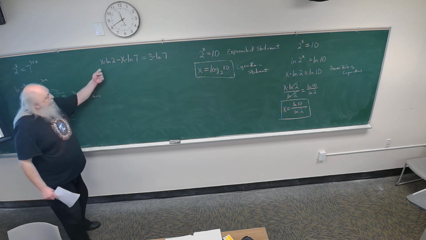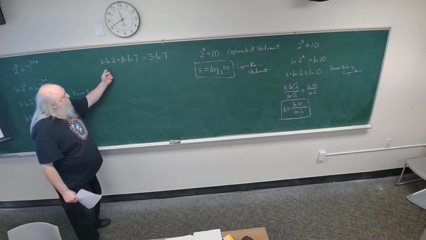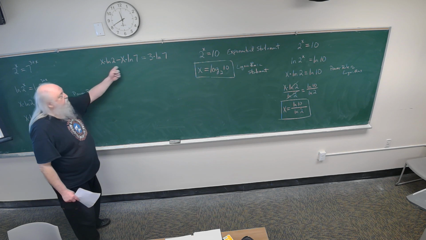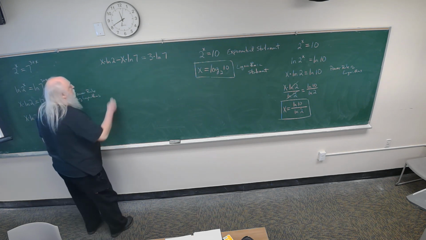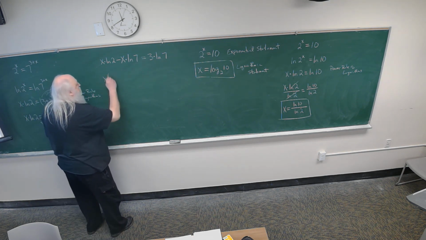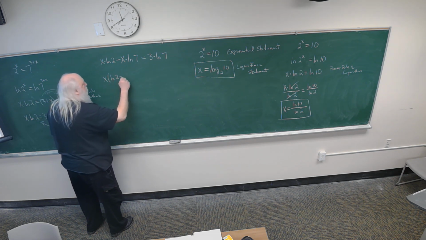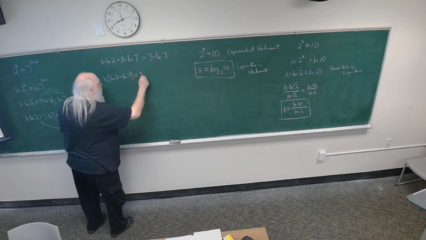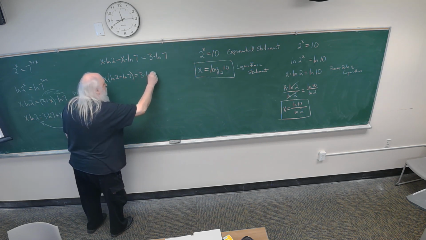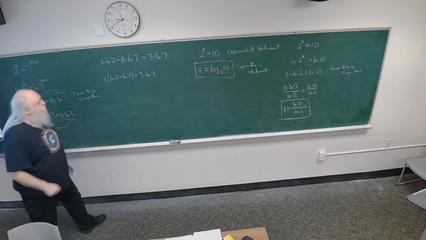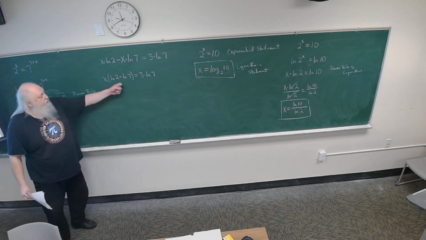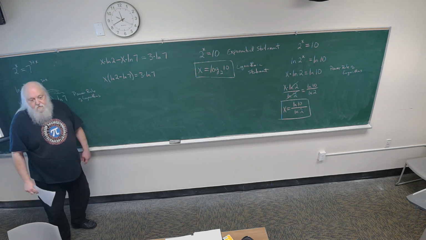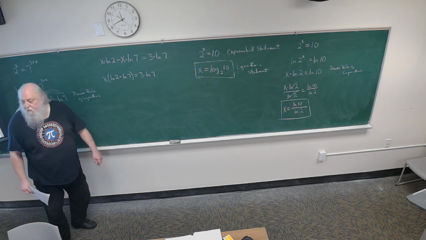Well, now on the left, we have a difference of two terms. x is a common factor, so I can factor out an x. And so I have x times the natural log of 2 minus the natural log of 7 is equal to 3 times the natural log of 7. So again, ln of 2 and ln of 7 are real numbers, and so the difference is a real number.